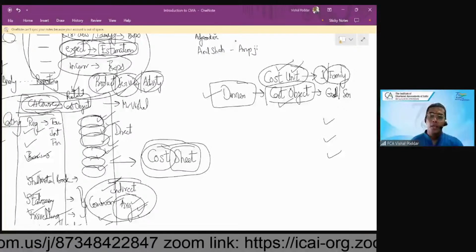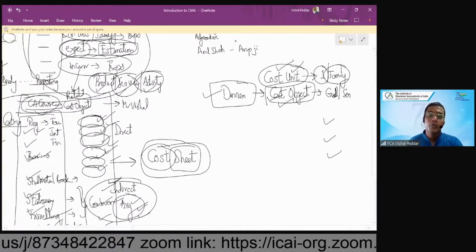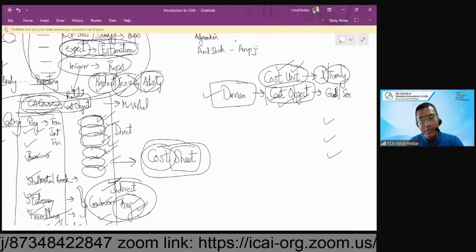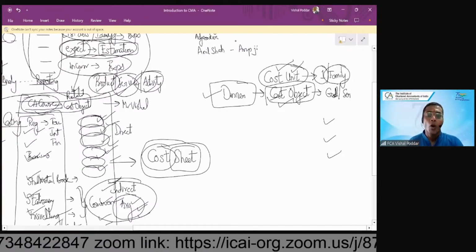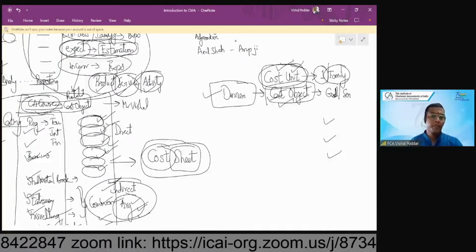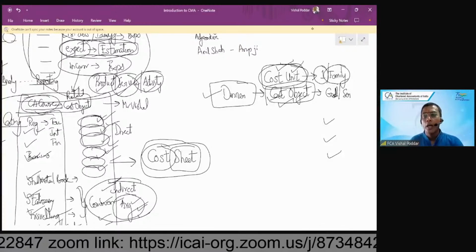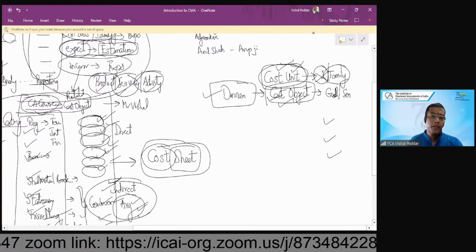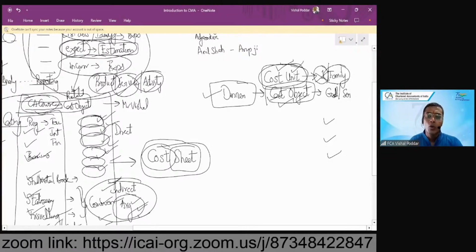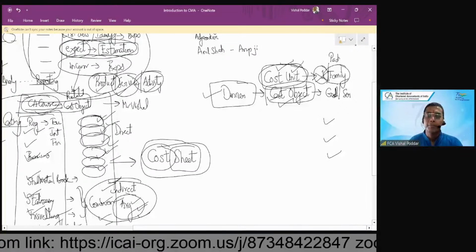So let us say when I'm doing costing of my cost object, which is the cookie, which I'm producing and selling, what will be the cost unit? Will it be one piece of cookie? Answer is no. Because cookies are sold in the market in packets.